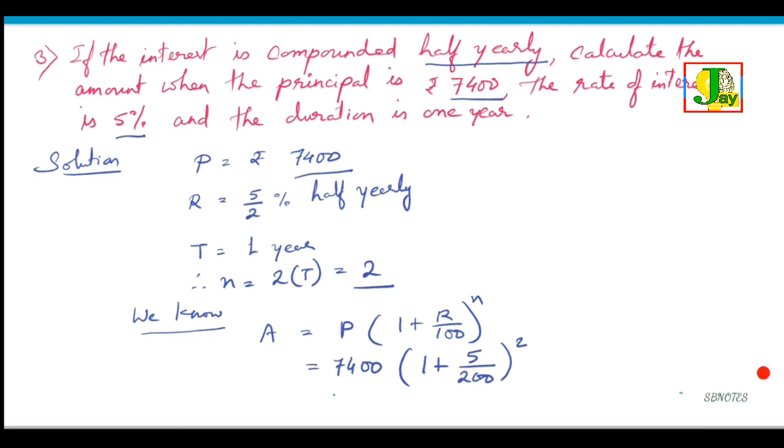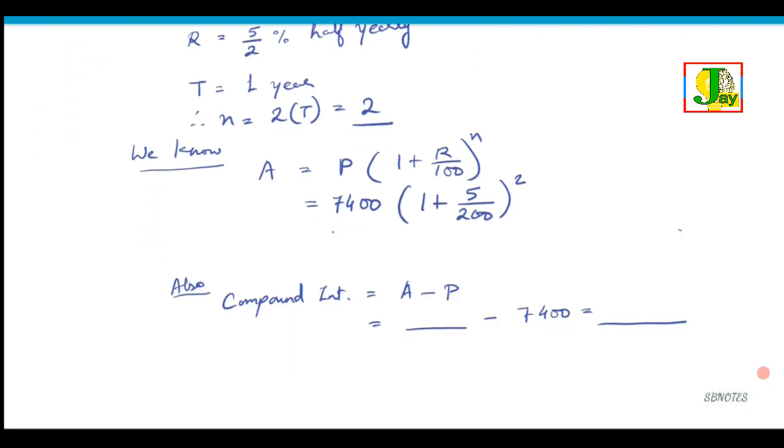So 7,400 into, you can cancel this, 5 into 40, 5 goes 40 times. So 40 plus 1, 41 by 40. How many times? 2 times. Power is 2, so 41 by 40.